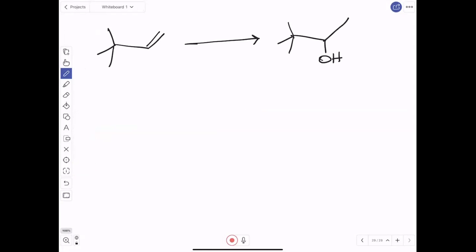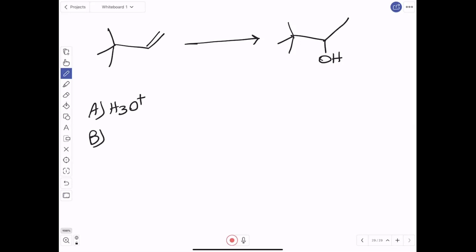Give the reagent. Again, this is hydration of alkene, and you know 3 different reagents. I give you 3 different options. A, acid and water.